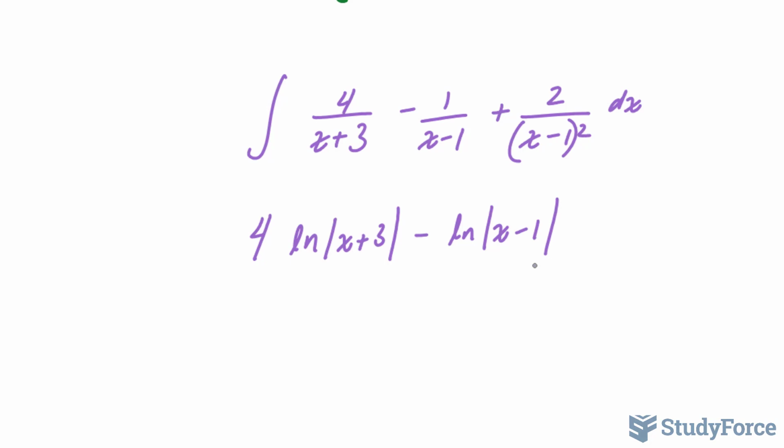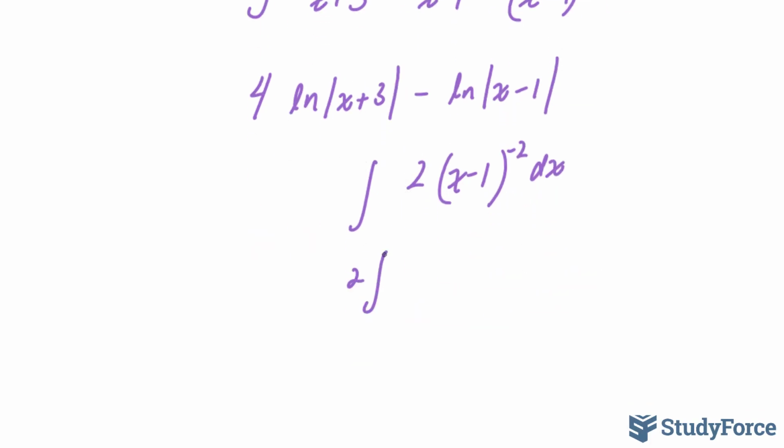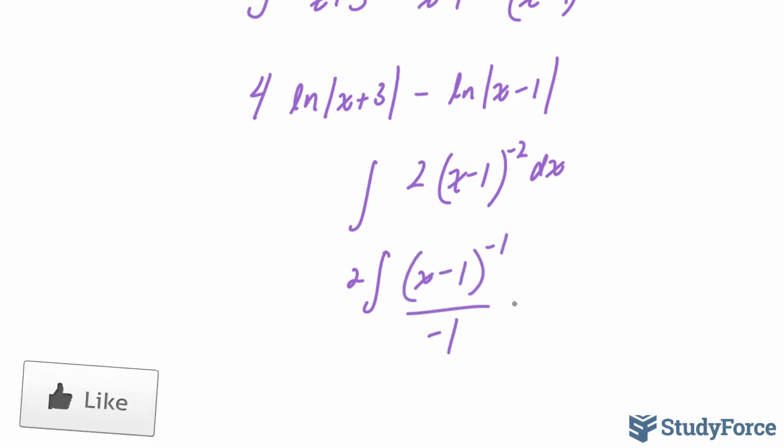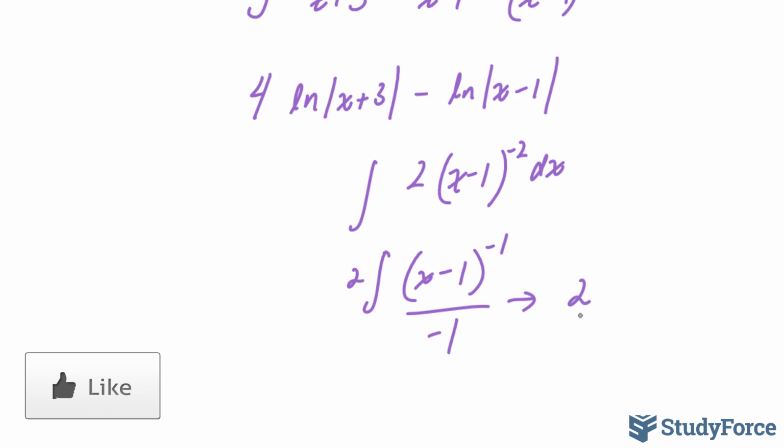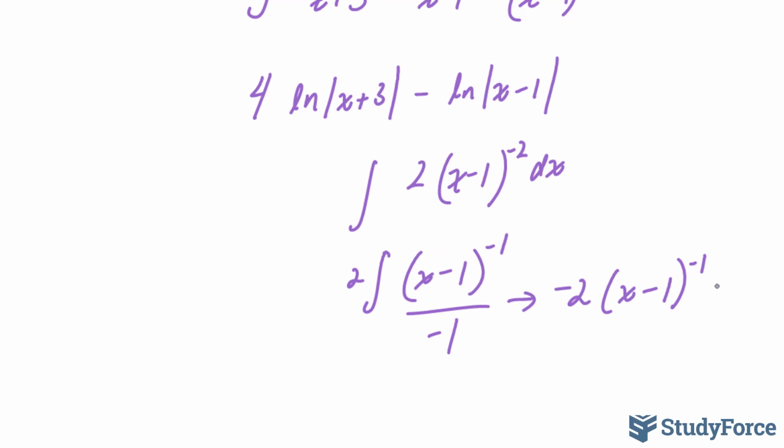And here we can treat this like 2 times x minus 1 to the power of negative 2 dx. Pull the 2 out, increase the power by 1, make it over negative 1, giving us negative 2 times x minus 1 to the power of negative 1 plus C, or negative 2 over x minus 1 plus C.